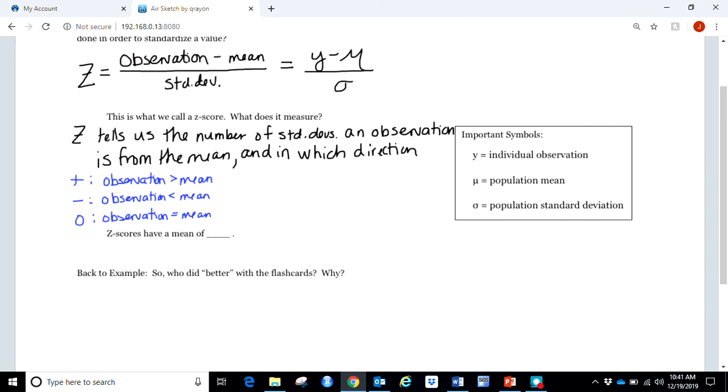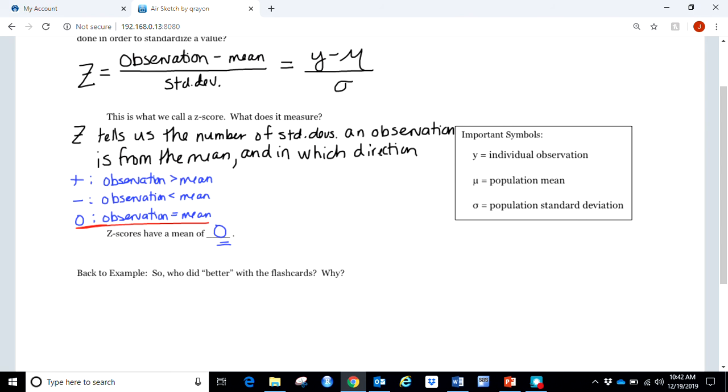When we're trying to get these new z values, we need something to compare them to, and so this 0 becomes our important number, because that would mean I got exactly what I expected. So the z-scores have a mean of 0, and this 0 is going to be a very big comparison number for us.